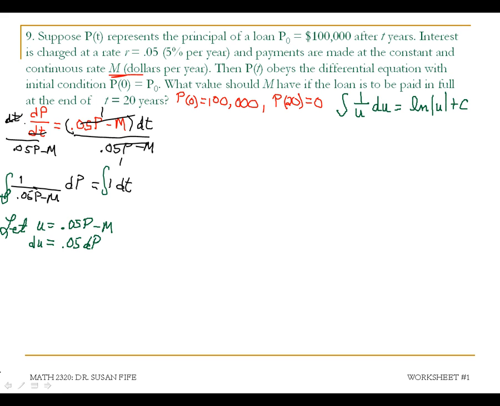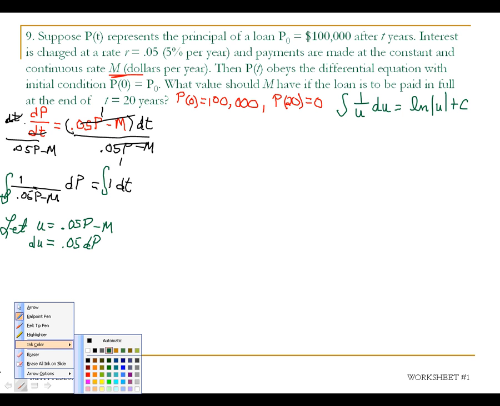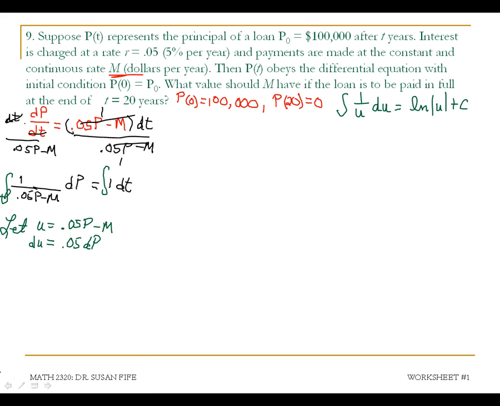Okay, so I need to get a 0.05 dP on this left side of the equation. Let me change my ink color for a second.